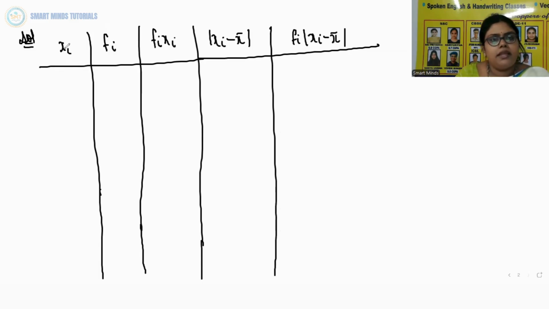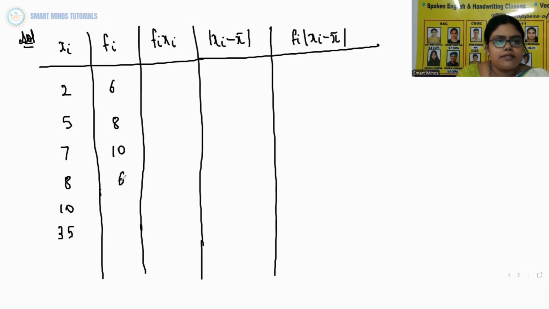Now xi and fi are already given in the question. We will copy as it is. So 2, 5, 7, 8, 10, 35. And fi is 6, 8, 10, 6, 8, 2. Always add the fi column.